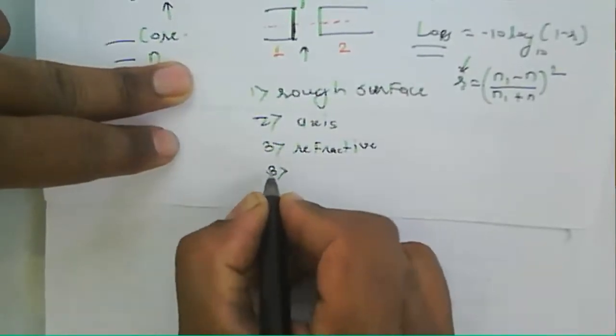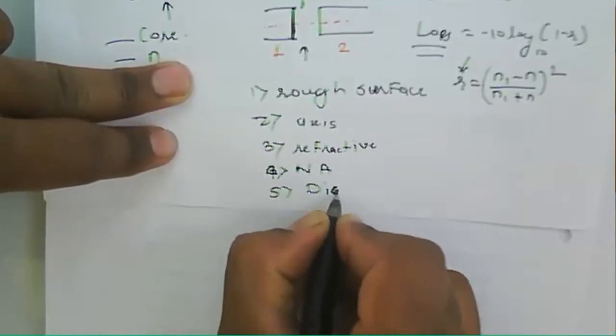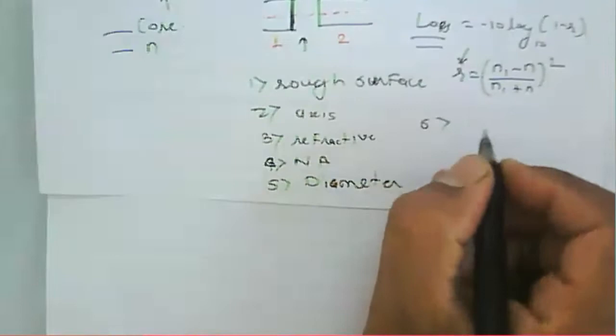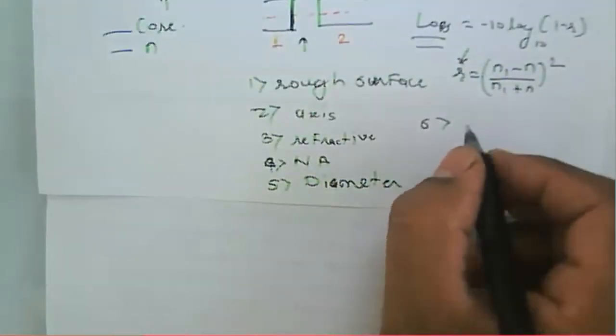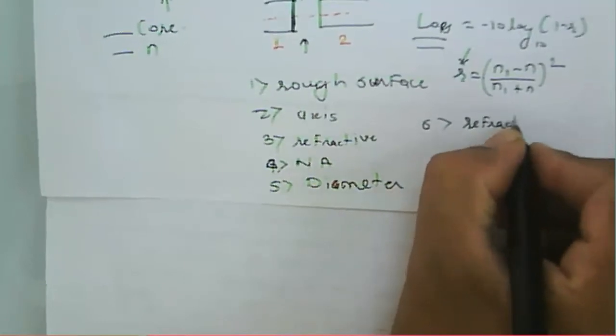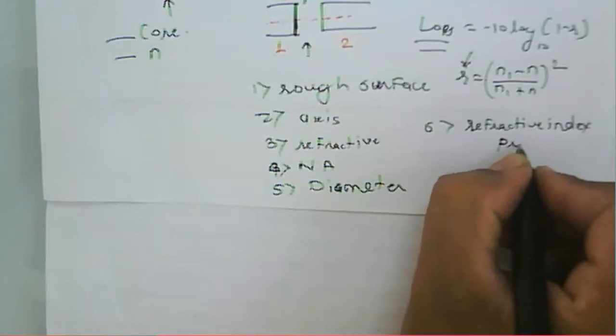You can say that there are differences in numerical aperture, then diameter, then the refractive index profile if it is a graded index fiber.